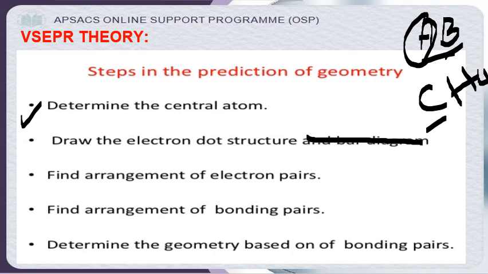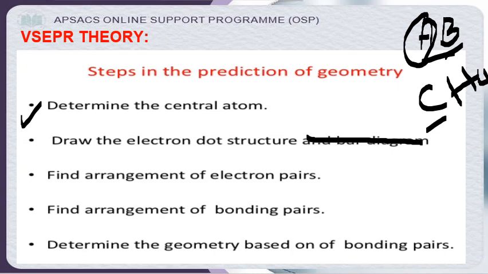Then you have to draw the electron dot structure around this central atom. Find out the arrangement of electron pairs formed due to the presence of the bonded atoms. Then find the arrangement of the bonding pairs, how they are placed, and then we can determine the geometry depending upon whether only bond pairs are present, or there is also a lone pair or more than one lone pair within the molecule.